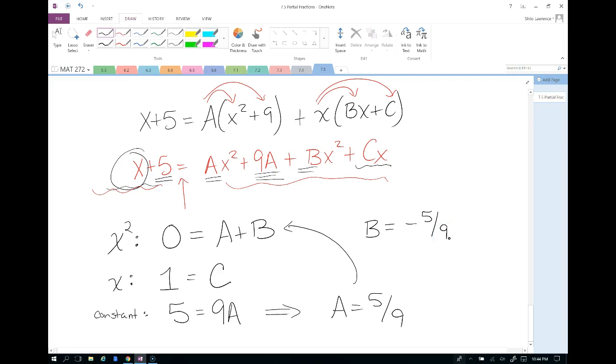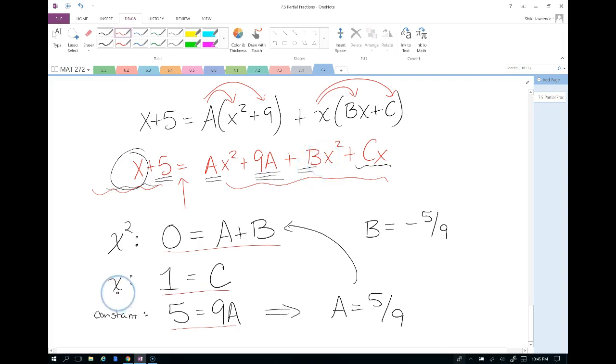So the second method just involves getting the right-hand side all multiplied out and then matching up like terms on the left-hand side and the right-hand side. Notice I left the variables out of these equations. All I'm doing is matching up coefficients. The coefficient of the x squared on the left was 0 because we didn't have any. And the coefficients for the x squared on the right were a and b, so a plus b.